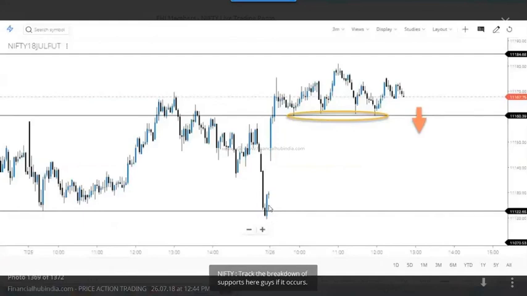In these scenarios, we are not supposed to carry a long position, because when we see the price has closed near the key level, then we are not supposed to carry a long position. This is one more important thing for you guys to understand. 80% of our trades are intraday, but 10 to 20% of trades are positional only.